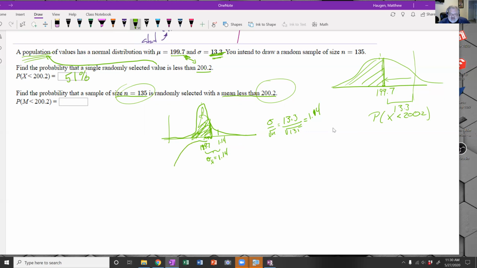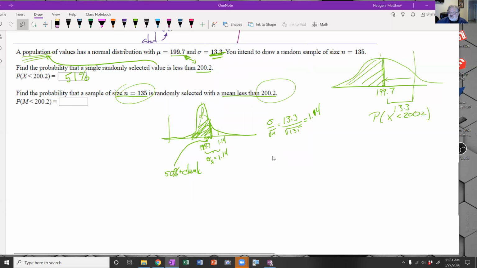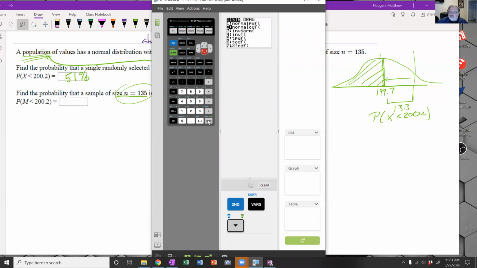Tessa, does that expectation make sense? Why I expect it to be 50% like the other one was, plus a much bigger chunk? Good. So I've got to bring that calculator back. You guys have calculators, you guys can do it, but sometimes it's helpful to see it. So, same distribution.